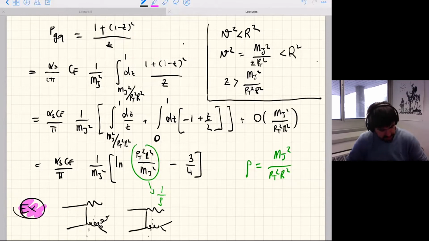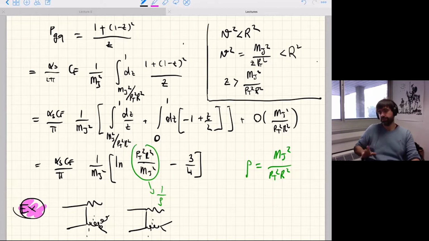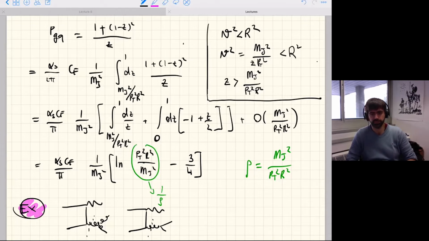In jargon, we say that we did the calculation for quark jets, and I give you as homework the calculation for gluon jets, the jets which have been initiated by gluons. You find a similar structure with a different color factor. So you get C_A as a color factor, and instead of minus 3/4, you'll find a different number, which is actually related to beta 0, the coefficient of the beta function.